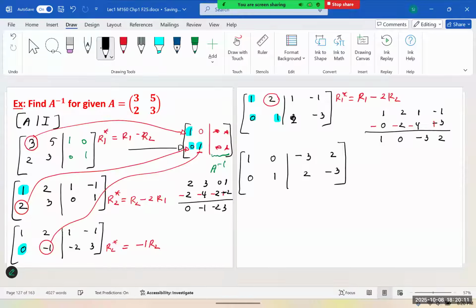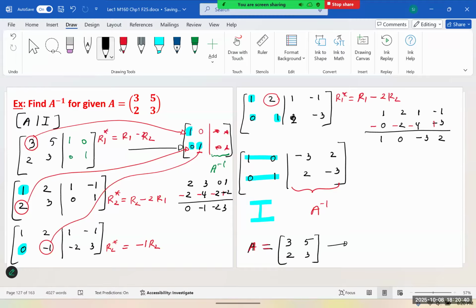And if you observe, 1, 0, 0, 1 is the identity matrix. So you got the left side as identity. That means whatever you have here, that is your inverse matrix. So your A is 3, 5, 2, 3, row wise 2 by 2.